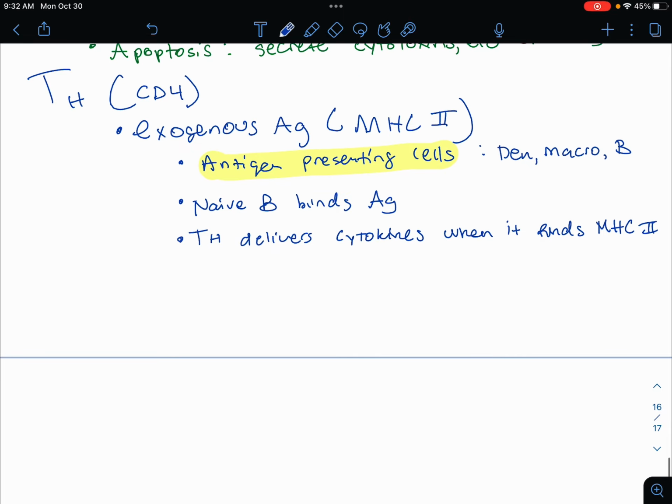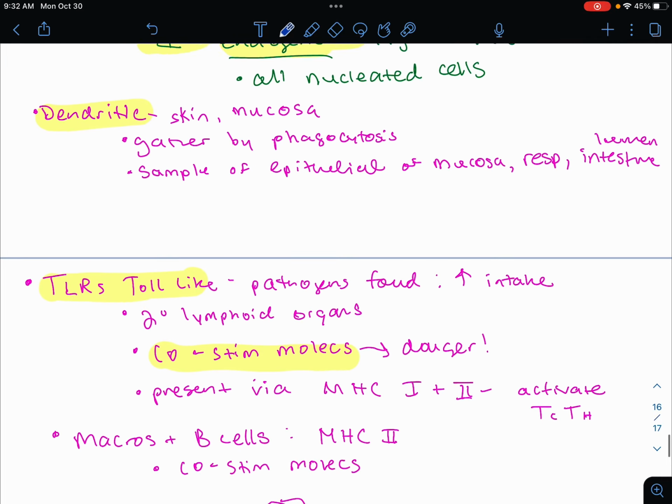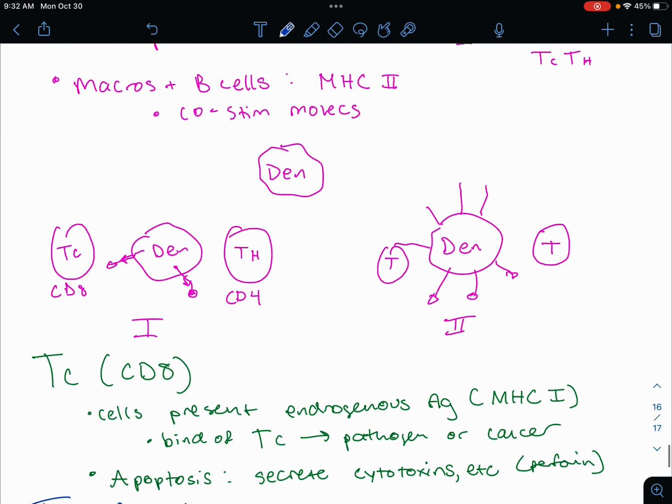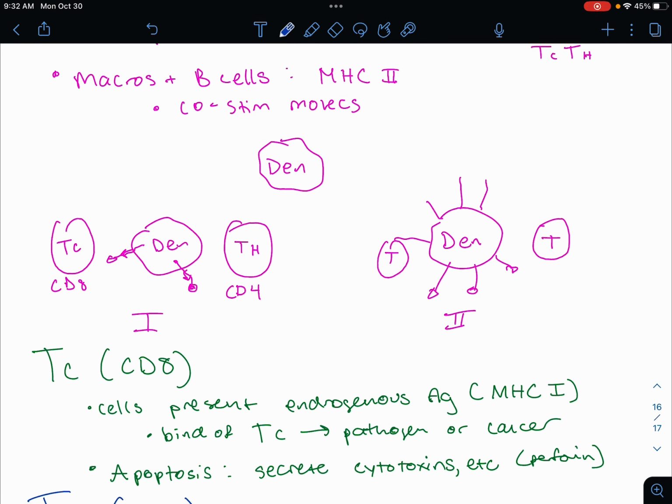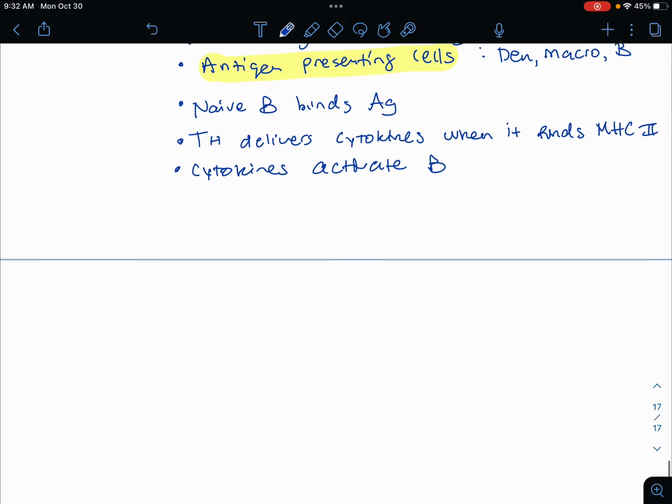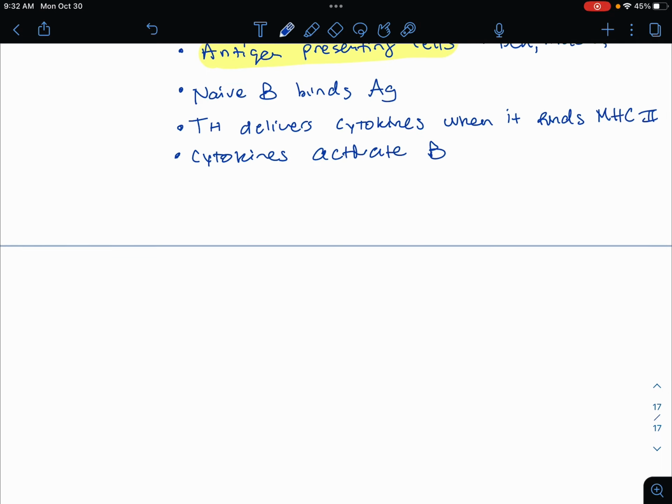The cytokines activate the B cell. Again, the B cell will become only the specific one that has a specific receptor to the specific antigen at the time. Then it becomes plasma, and we have the effectors, which are plasma cells, and we also make memory cells, and then those antibodies.